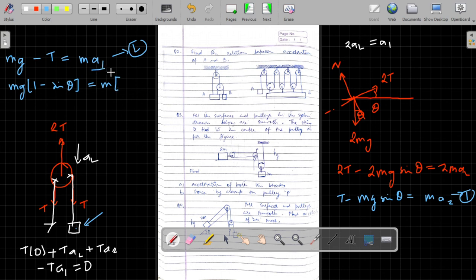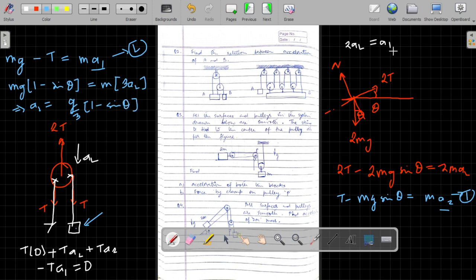That would be m into a1 plus a2, and let us replace a1. The a1 can be written as 2a2. So when we sum it, it would come out to be 3a2. So we have arrived at our answer. Our answer is that the acceleration of block number 2 is g upon 3 into 1 minus sine theta.